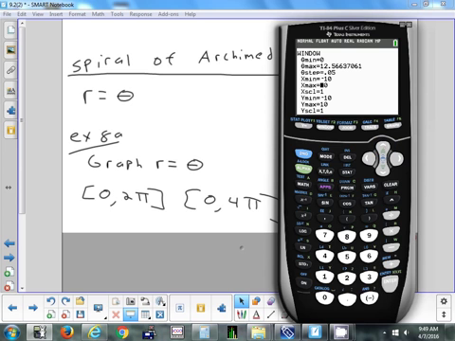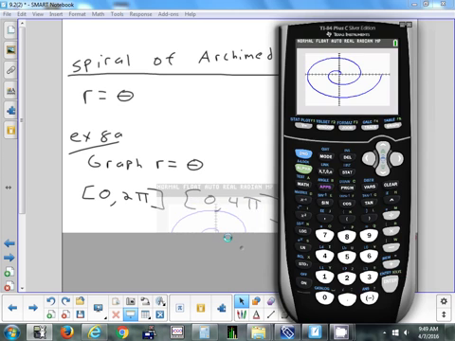Probably just off the screen on the right side. I don't think we're going to have to make anything else bigger, but let's check. My only other question is the y min. Yeah, just barely. So we got to make our y min a little smaller, a little lower. Okay, and there's a spiral of 2 revolutions.